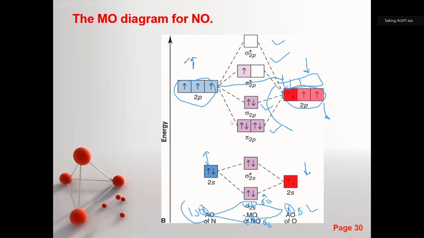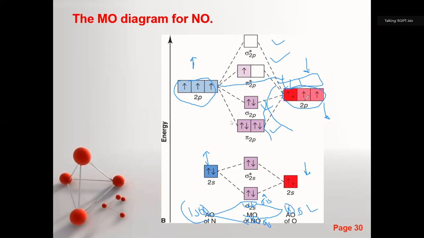But according to MOT, atomic orbitals of different energy levels, after combination with bonding, give different molecular orbitals which have different energy levels.